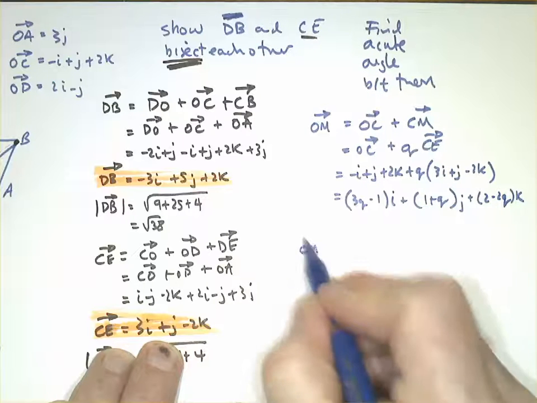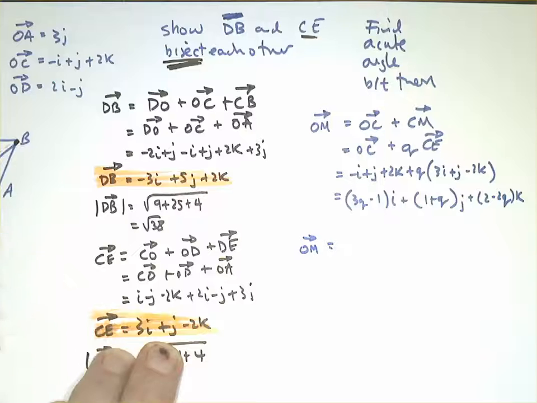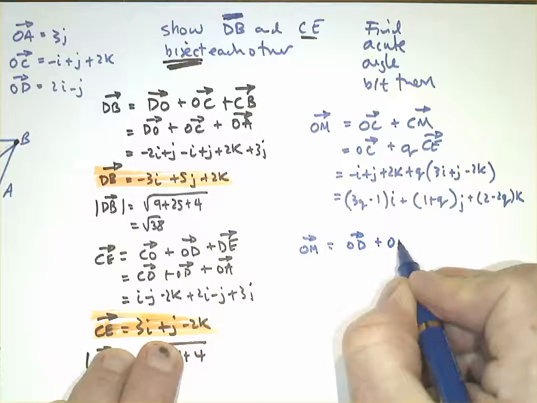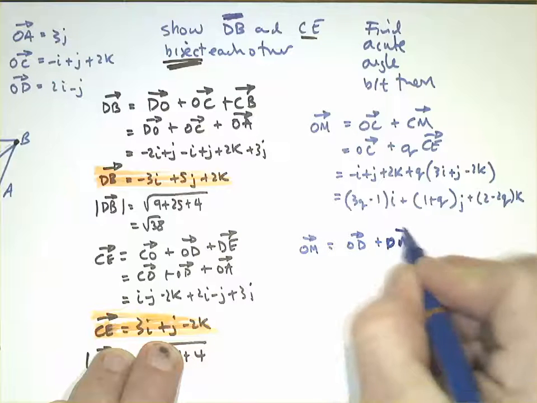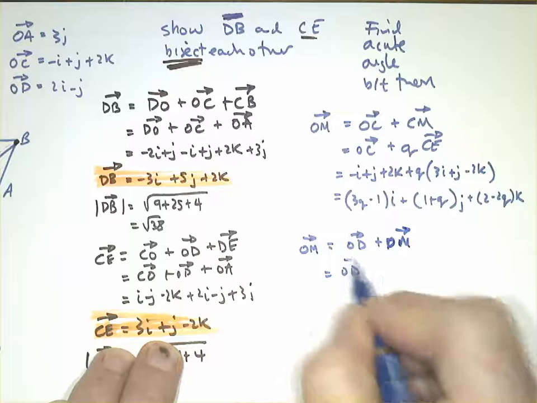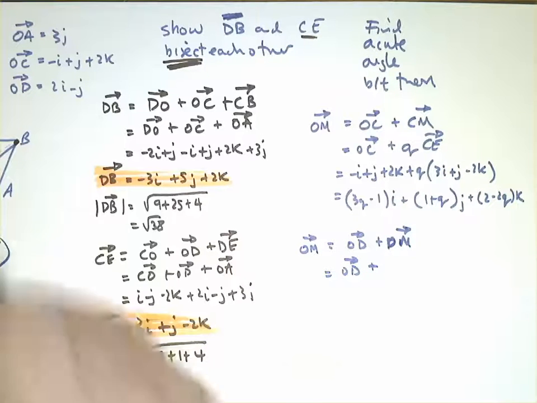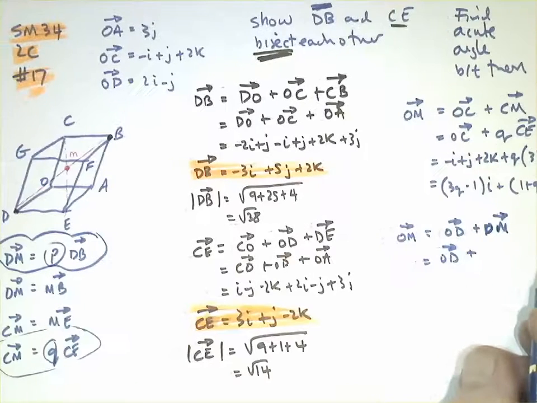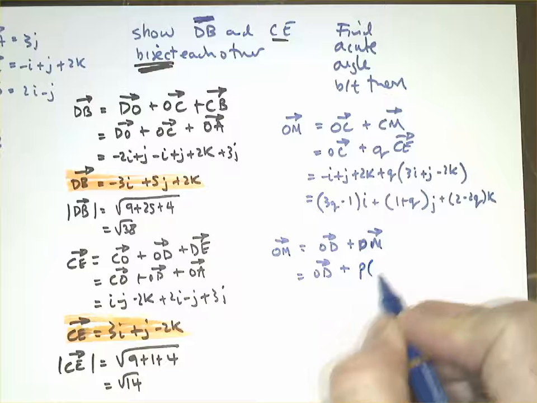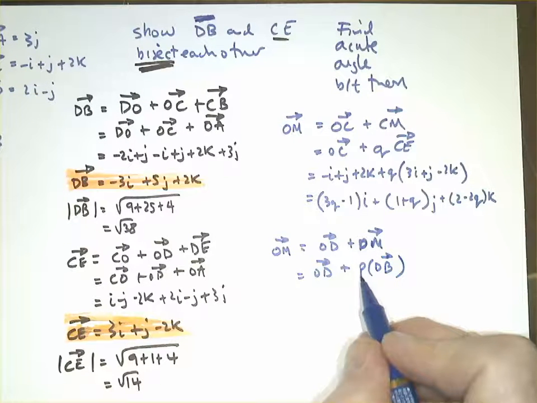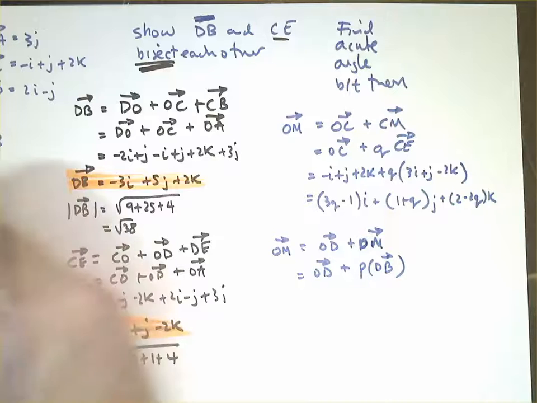And I also know that OM, if I go the other way and I include D, is O to D plus D to M, which is O to D plus P times D to B, where P is some factor along here.